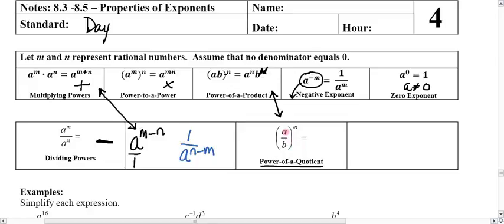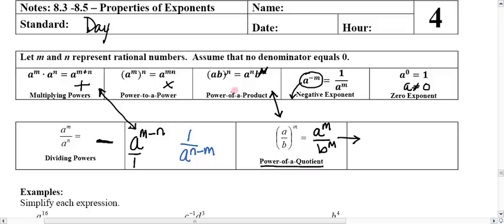Same thing here, even though it's division. So both of these, a and b, will be raised to the power of m. All right, so that's what we're going to write here. a is raised to the power of m, and b is raised to the power of m. Again, that probably should be written here.